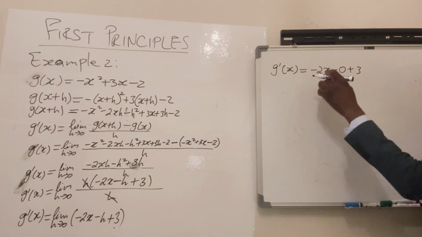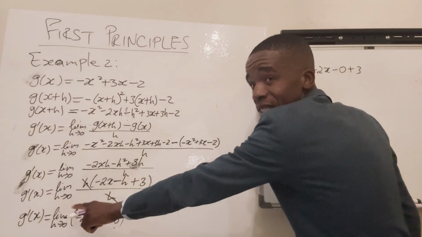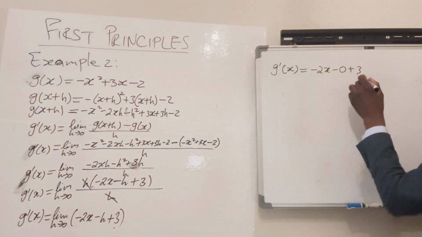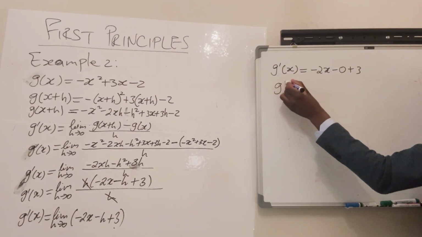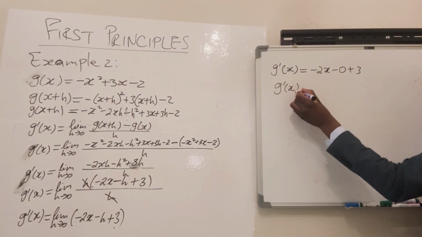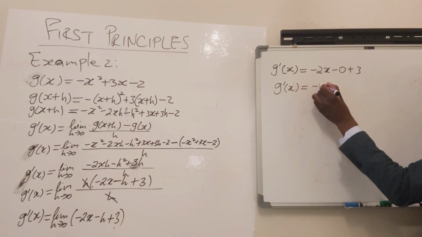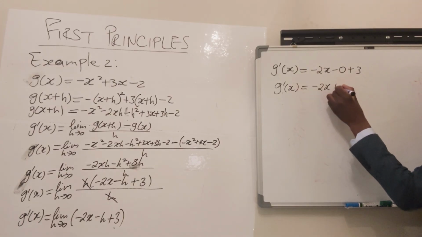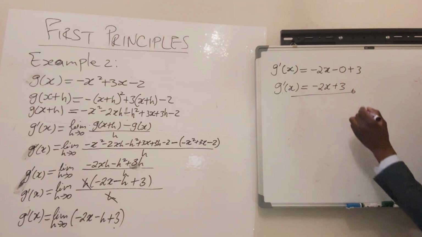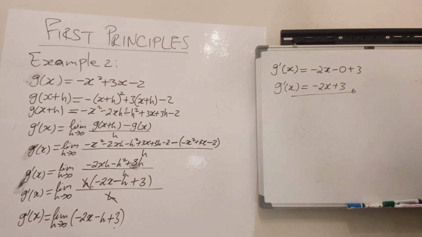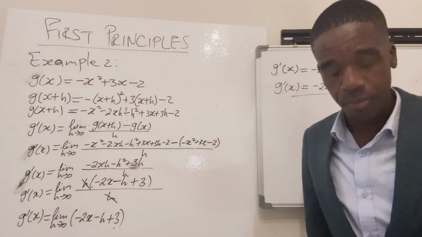Every time the issue of limit as h approaches 0 disappears, that h must be equal to 0. Therefore, the derivative of g with respect to x of that particular function becomes minus 2x plus 3 from first principles.